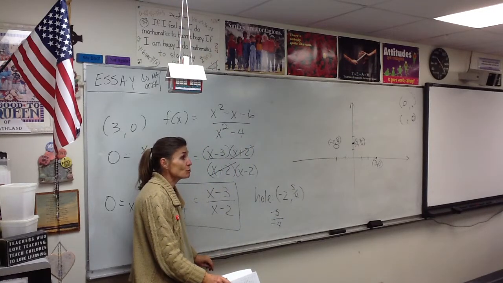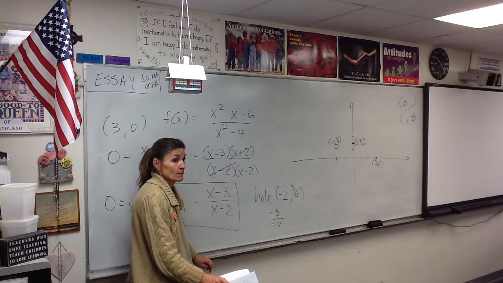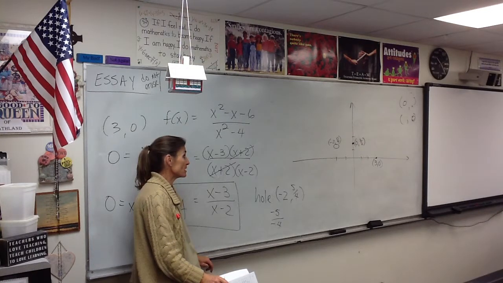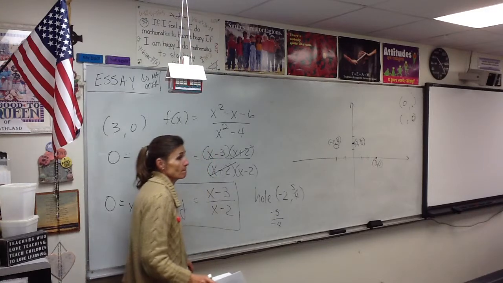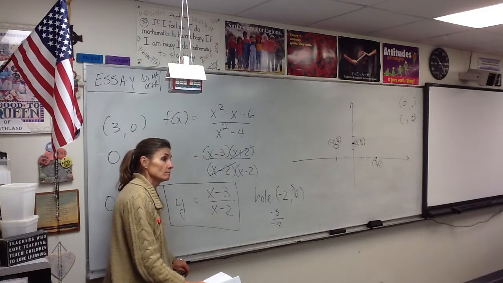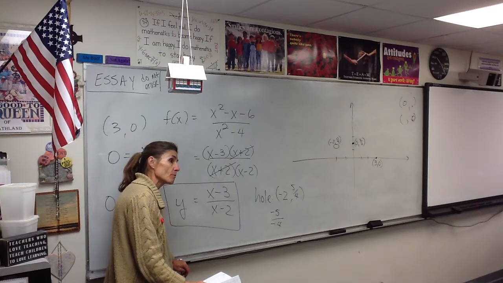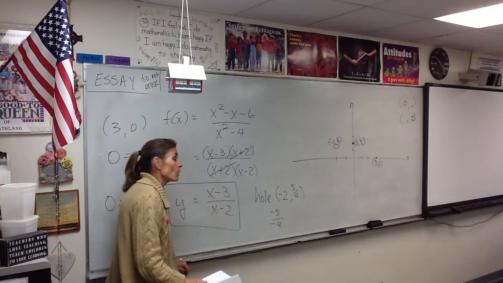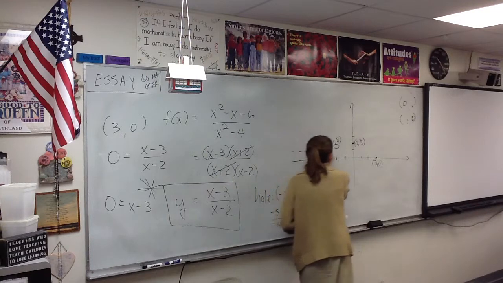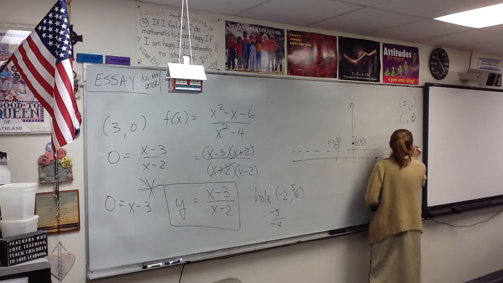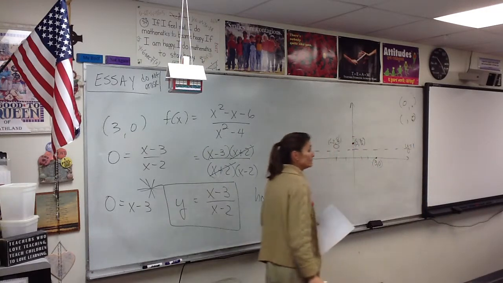What's missing? What else do we still need? We need some asymptotes. Katie, can you find either asymptote for me? The horizontal asymptote is 1, x squared over x squared. Exactly. Horizontal asymptote is at y equals 1.